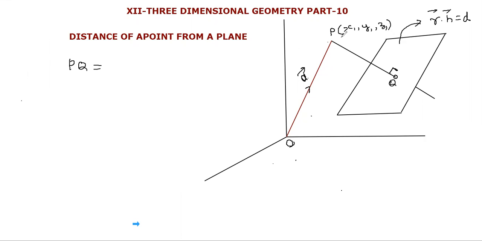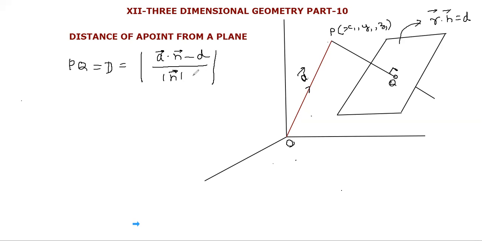So therefore if you replace and bring on the left side, that is distance PQ, denoted by D, will be equal to vector a dot n minus d, divided by magnitude of vector n, correct. So this is the perpendicular distance formula.